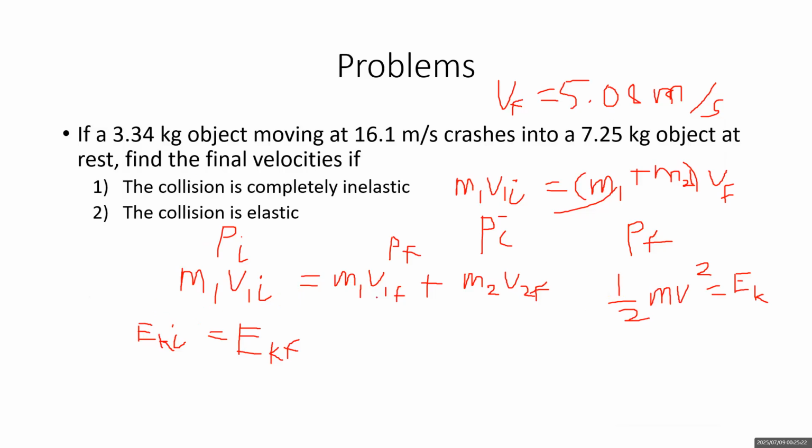So initially, we just have 1/2 M1 V1 initial squared. Again, 0 kinetic energy for M2 since it's initially at rest.